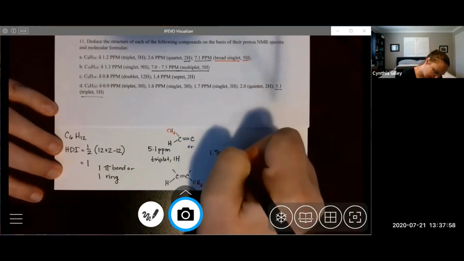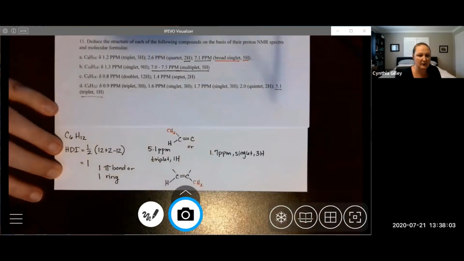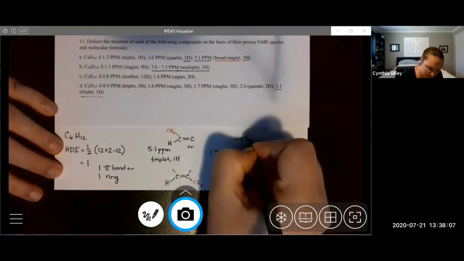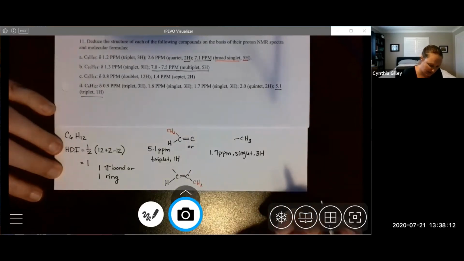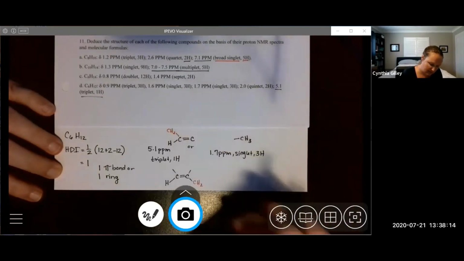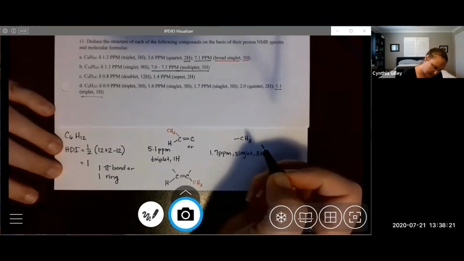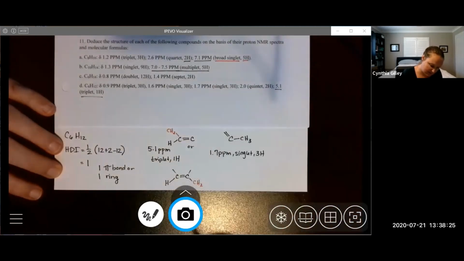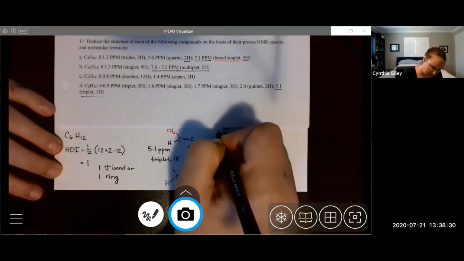It's a singlet for 3 hydrogens. Right, so this one, if it's 3 hydrogens, I'm thinking CH3. It's a singlet, so it's not got any neighbors. One way to maybe do that is to make it attached to the alkene with maybe something like this, right, where there's nothing here, so no additional neighbors.